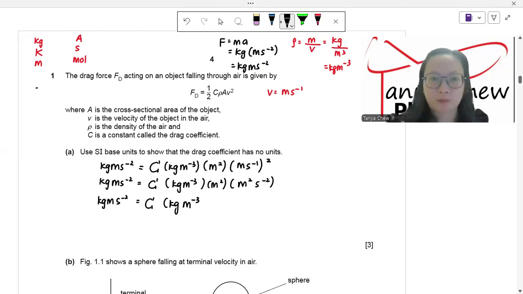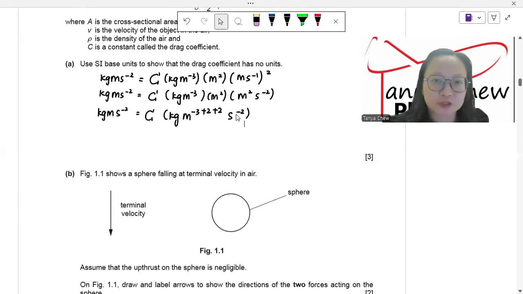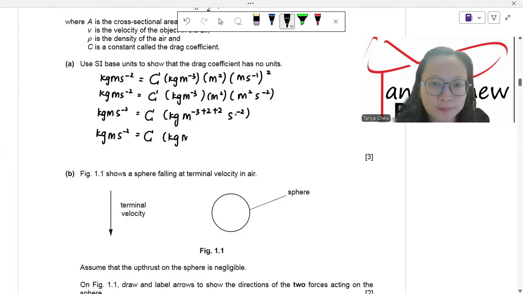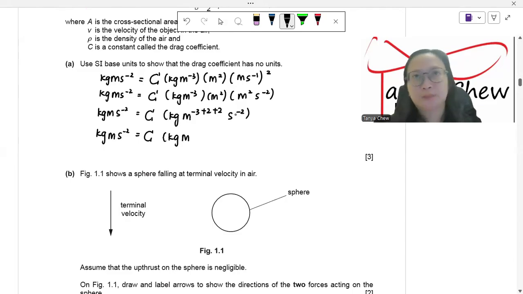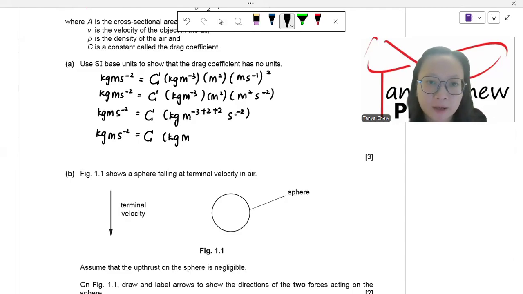You need to remember that when you multiply, you add the powers. So plus 2 and times with s^-2. And then just make things simpler. Kilogram m s^-2 is equal to C times kilogram, m to the power of minus 3 plus 2 plus 2. 4 minus 3 is 1, so m, and s^-2.